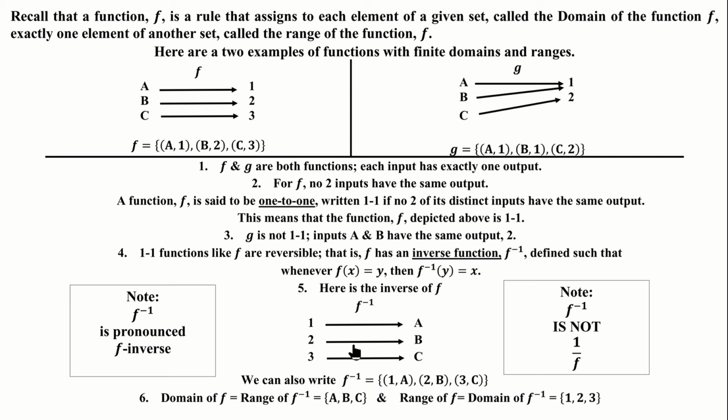So we can write it as the ordered pairs (1, a), (2, b), (3, c). Notice it's the exact reverse of the definition of f. The domain of f, if you recall, is the set containing a, b, and c. And if you see, that's the range of f inverse.